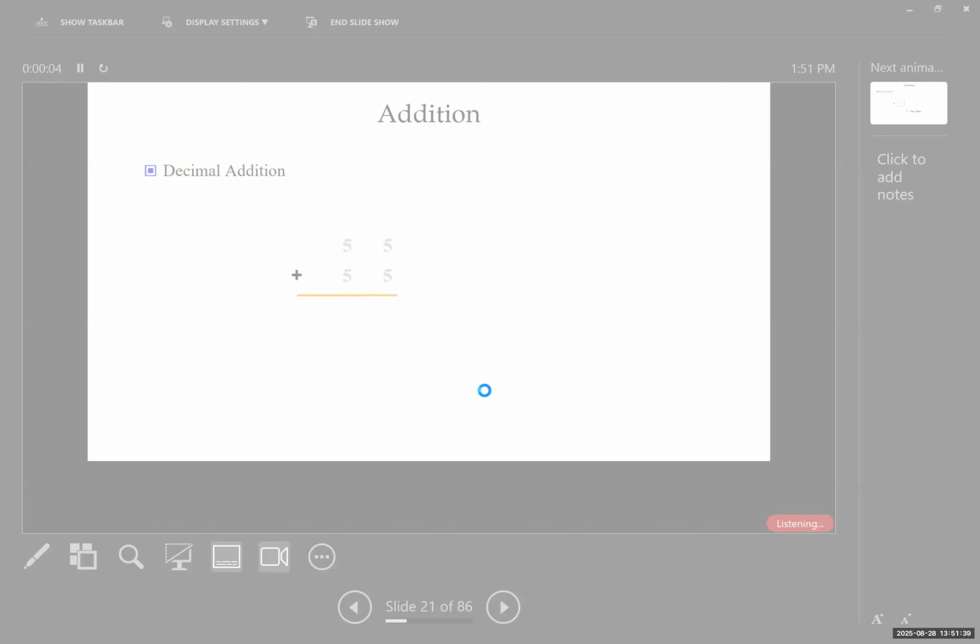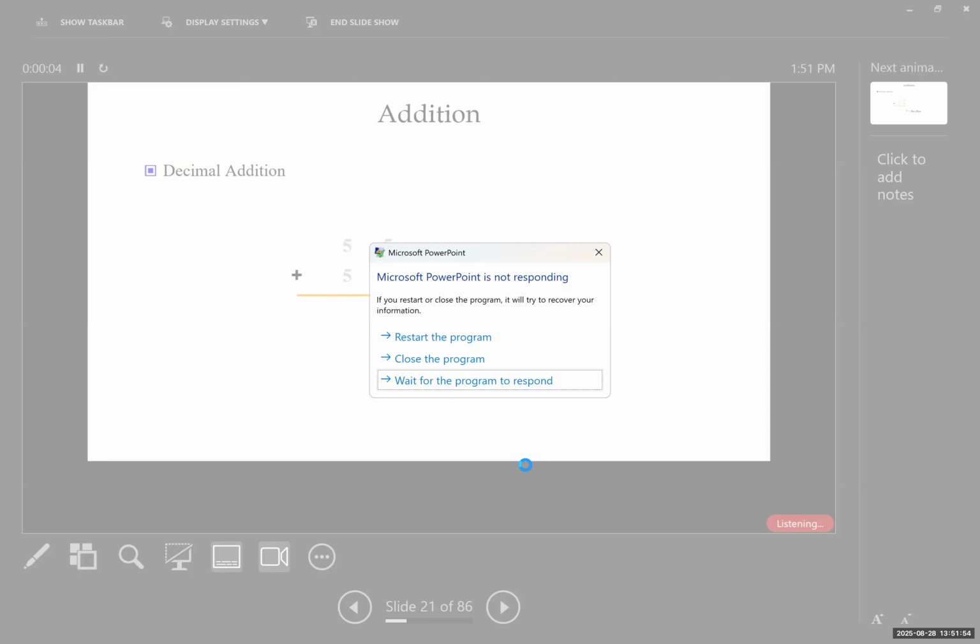Do you have a Microsoft Surface Pro? Any of you? Okay, never buy it. It's a piece of garbage. I always have problems. I think I have to restart my computer.